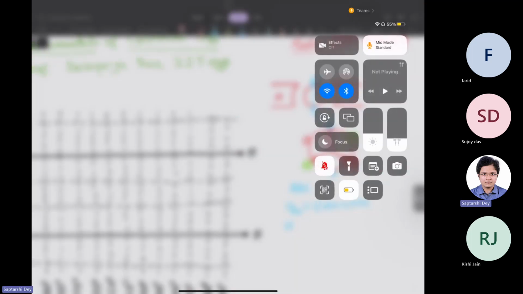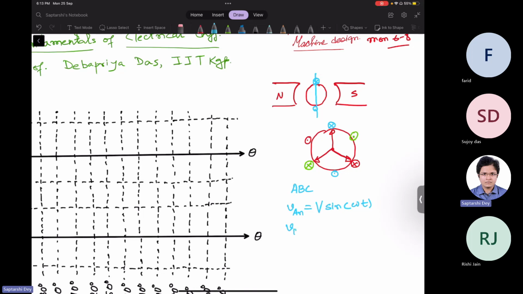So if B lags A by 120 degree, that means VBN will be V sine omega t minus 2 pi by 3, and VCN is lagging B by even more, another 120 degree, that is V sine omega t minus 4 pi by 3, which, since it is cyclic, is also equal to minus 240 degree, which is also equal to plus 120 degree. It's like this.